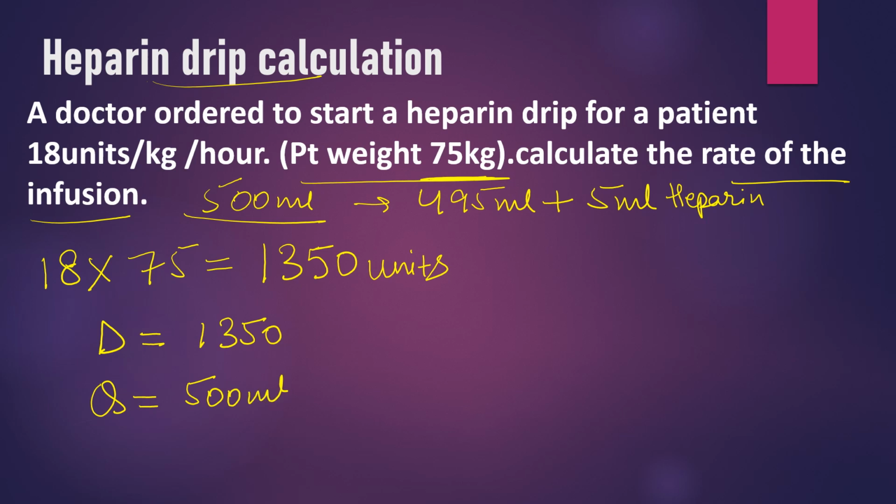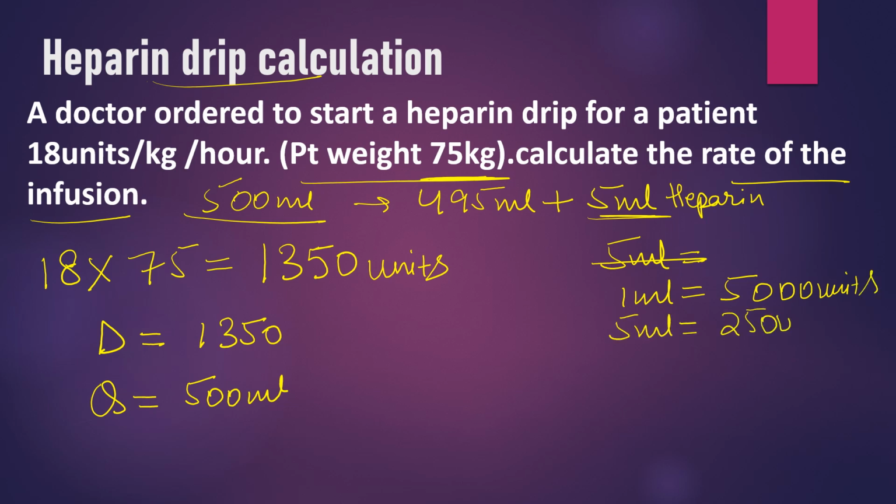Understood, students? And we have taken 5 ml of heparin, means how much units we have taken? 1 ml of heparin contains 5000 units. So 5 ml will contain 25,000 units.